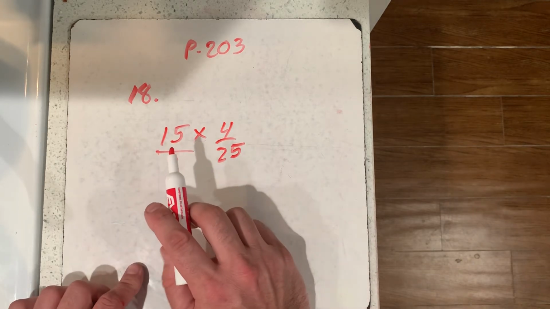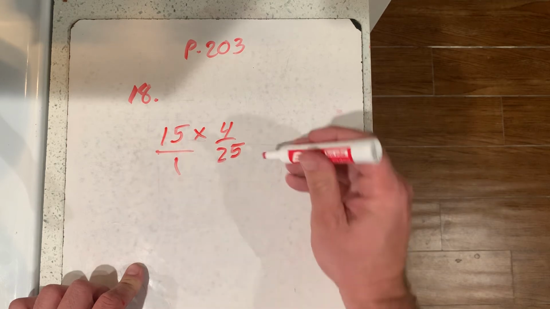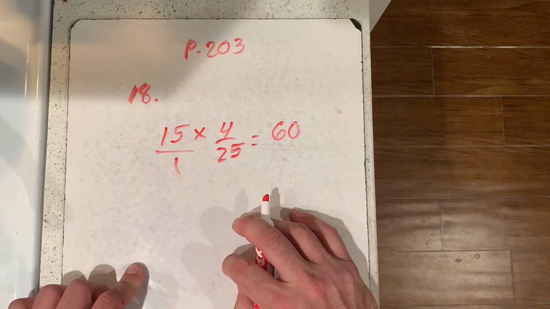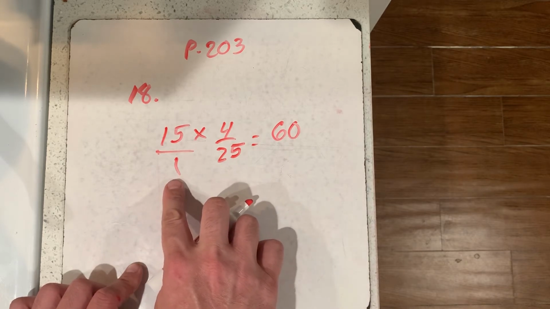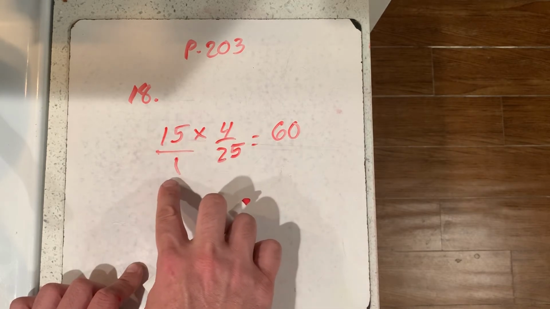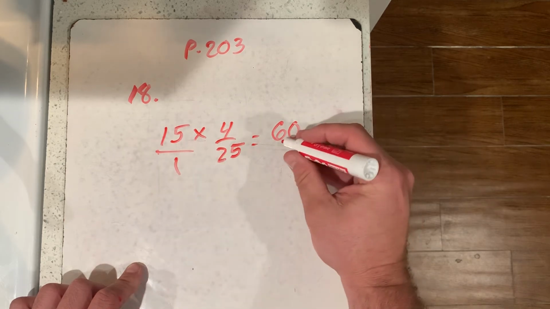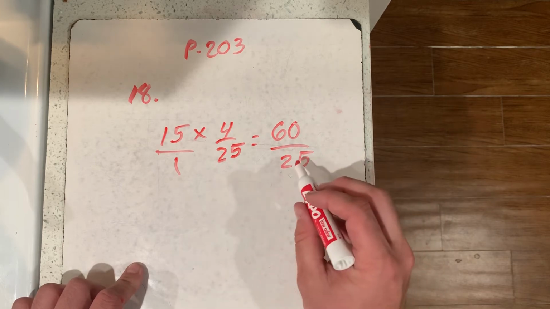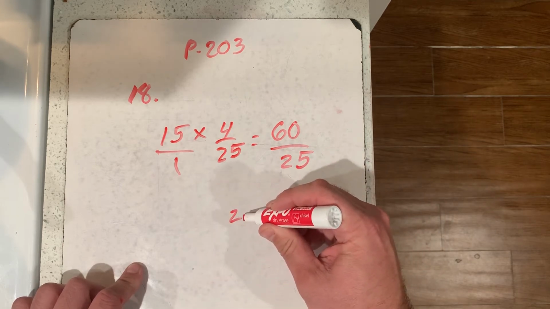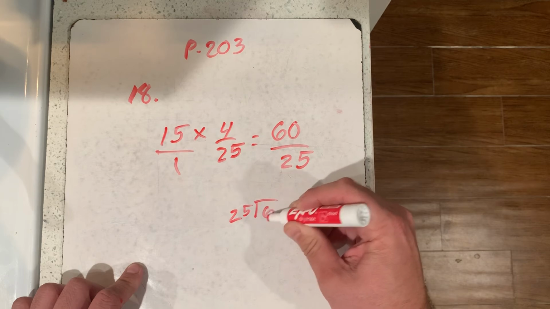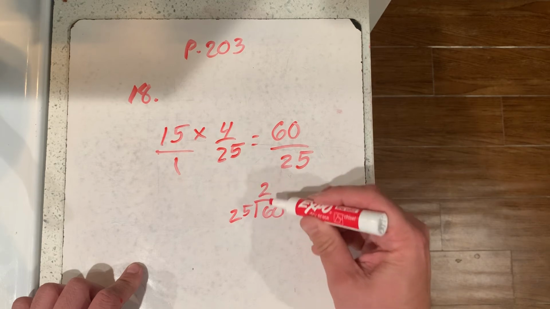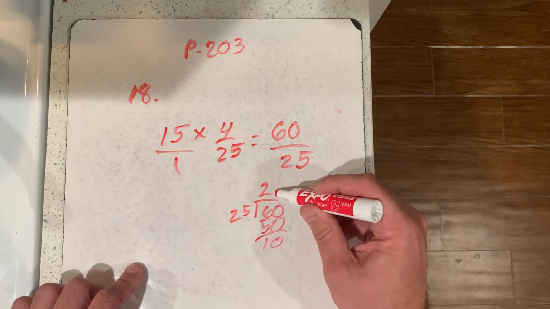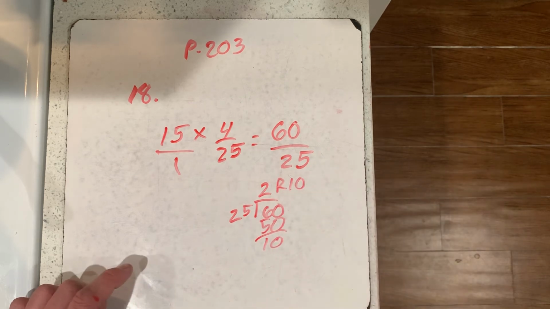Next we multiply 15 times 4 equals 60. Multiply the denominators, 1 times 25 is 25. Next, we need to reduce. 25 goes into 60 two times, because 25 times 2 is 50. We subtract that, remainder of 10.